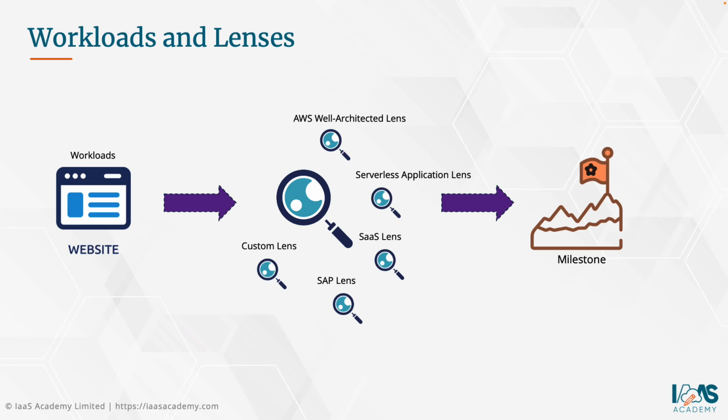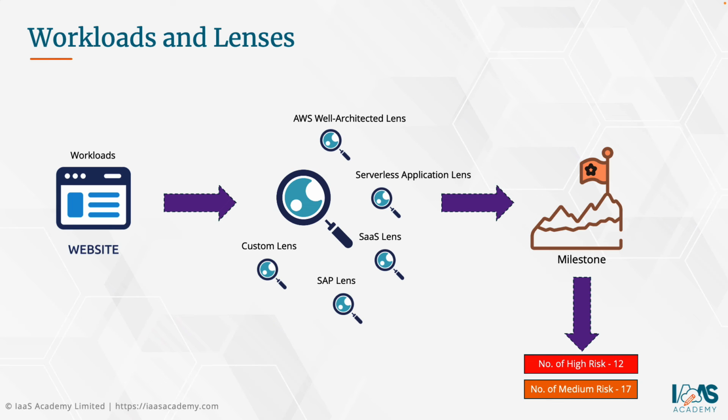The important thing to understand here is that when you create this milestone and you run your lens against your workload, what you get as an output is actually a breakdown of the current risk factors that AWS considers to be in your workloads.